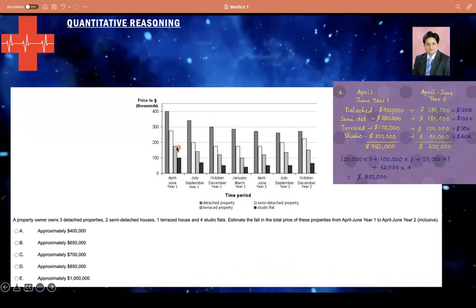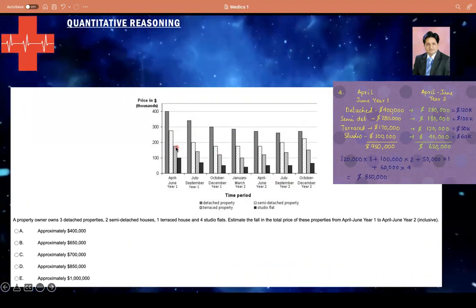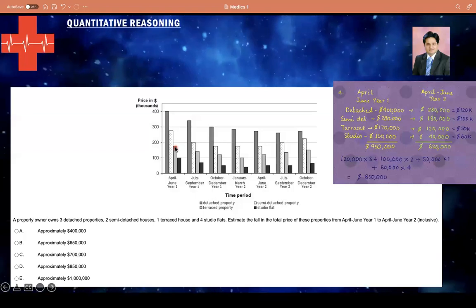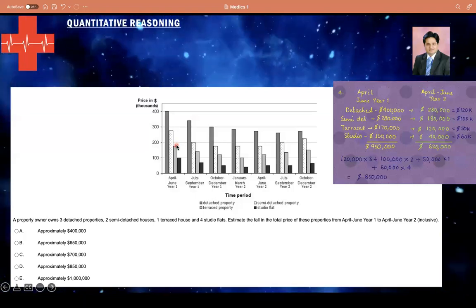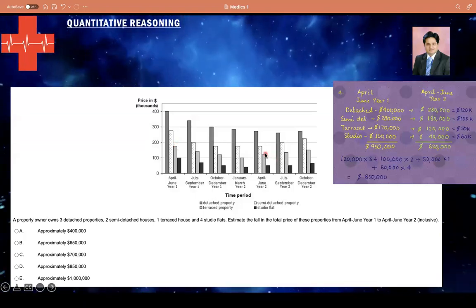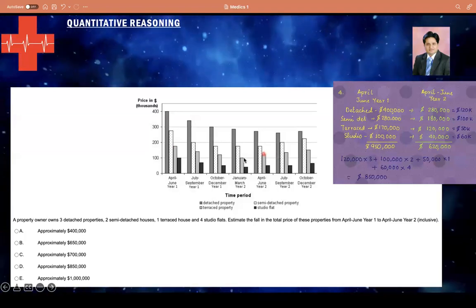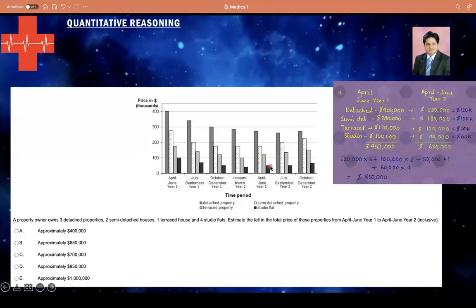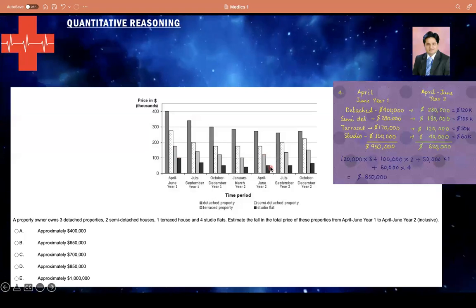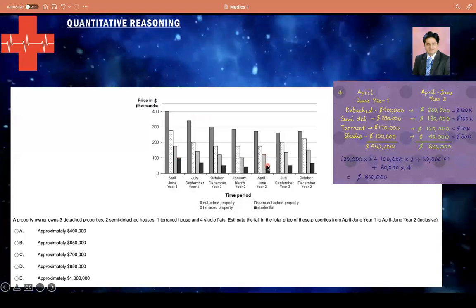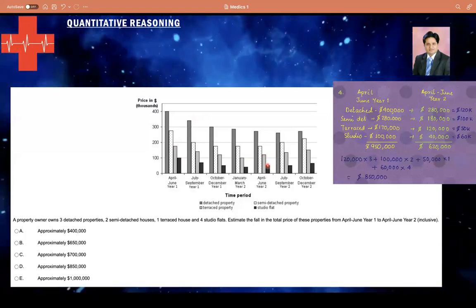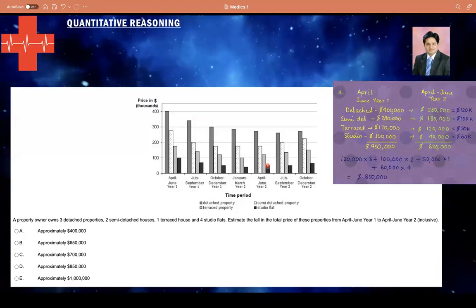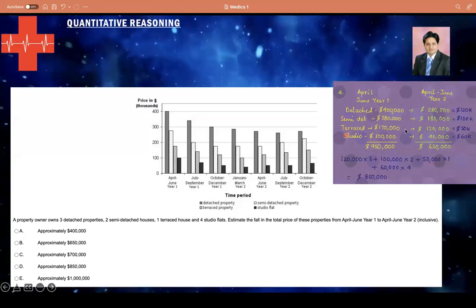Then here you have the terrace properties, which is approximately 170, and this would be approximately 120. Studio, this is 100, and this is approximately less than 50, so I'm taking 40. They're asking for an approximation, so even if you approximate, you'll get approximately the same answer.